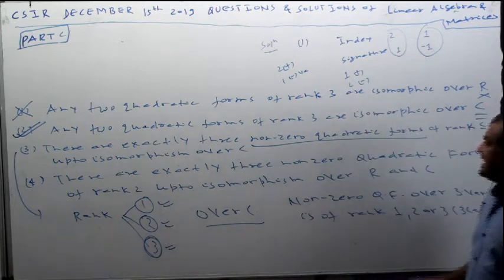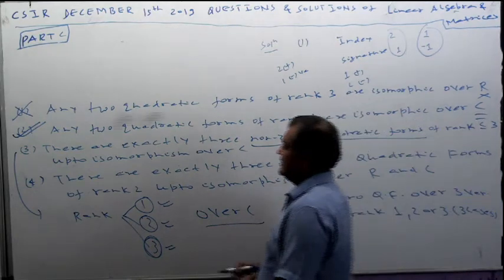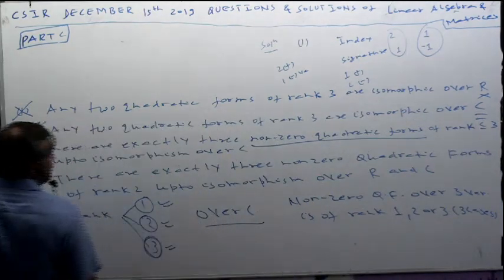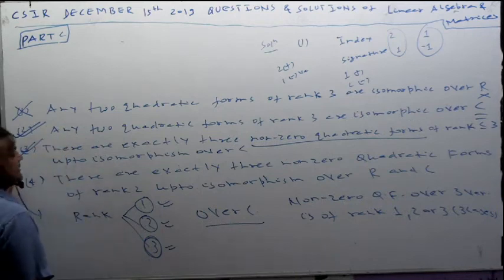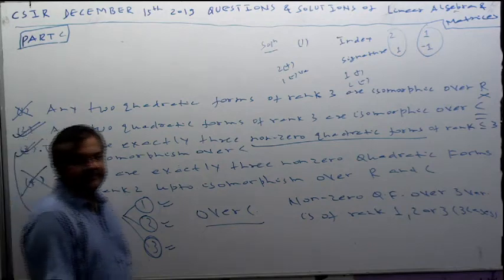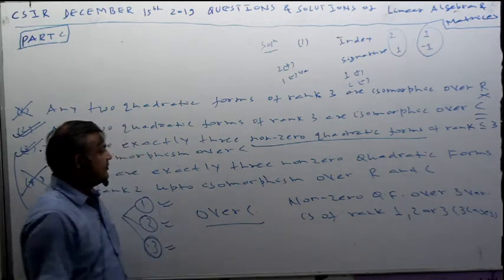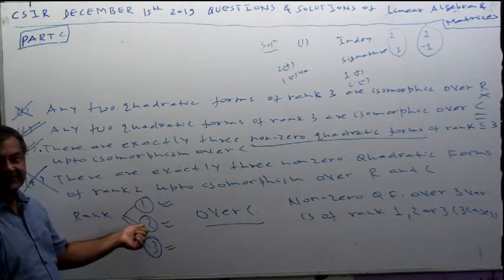So there are exactly 3 non-zero quadratic forms of rank less than or equal to 3 up to isomorphism over C. Yes, correct. Now, there are exactly 3 non-zero quadratic forms of rank 2 up to isomorphism over R and C. This statement is incorrect. Because of rank 2, there will be only 2 cases in C, 1 and 2.